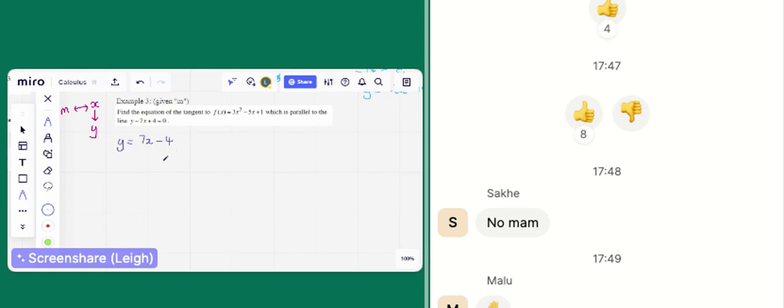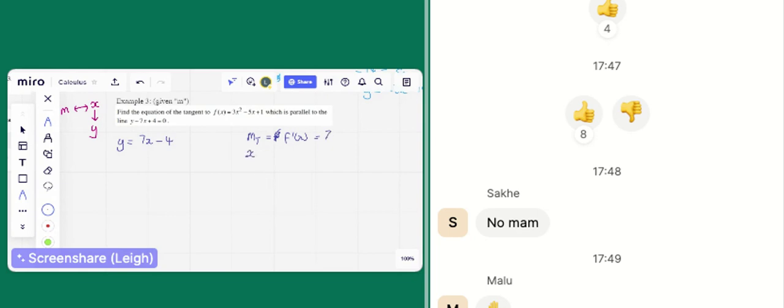Okay, so now, Malu, you're onto a really good thing here. What have I been given in this case? Your gradient. Okay, so I know that my m at t, my gradient, my f prime x, is equal to 7. Good, well done.